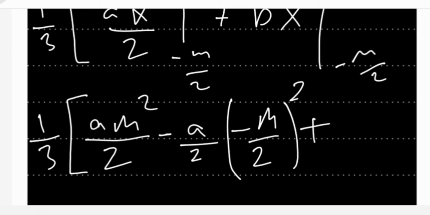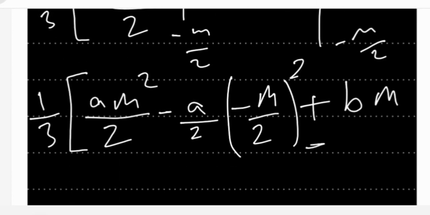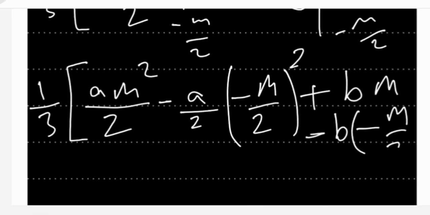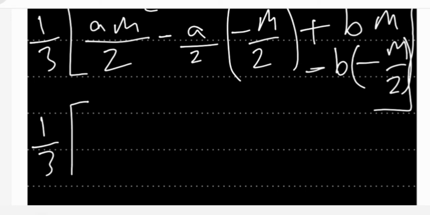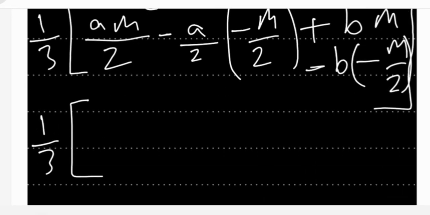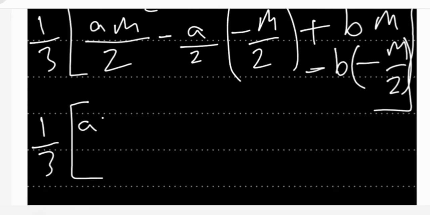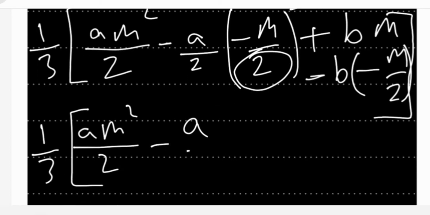Now plus b m, and then minus b multiplied in place of x by minus m over 2. So 1 over 3 times the bracket. Now minus m over 2 squared will be m squared over 4. So a m squared over 2 minus a times m squared over 8.